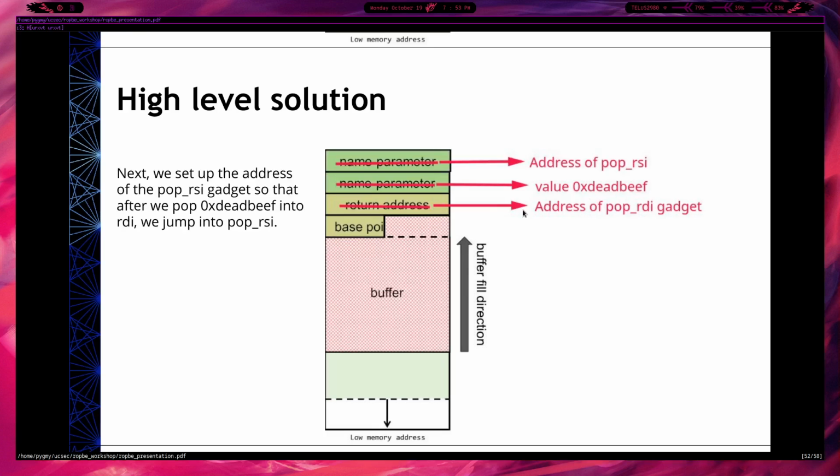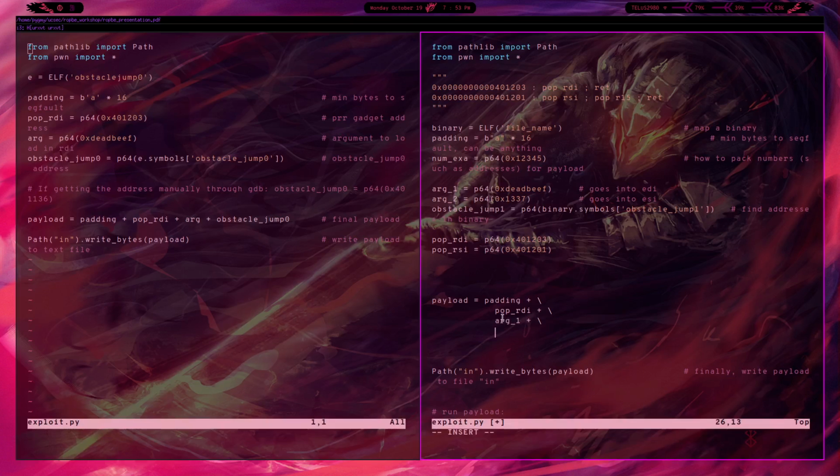All right. Then we set up the address of pop RSI gadget so that after we pop 0xdeadbeef into RDI, we can jump into pop RSI, right? So we have our padding, we have pop RDI, and then we pop argument 1 into RDI, but then we have another return, so we can jump somewhere again, right? Now instead of jumping into the function, let's try jumping into pop RSI.